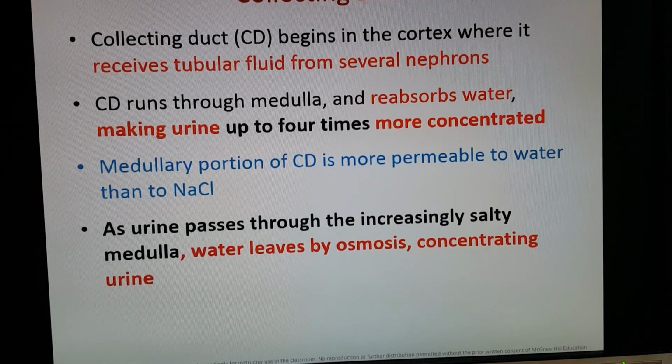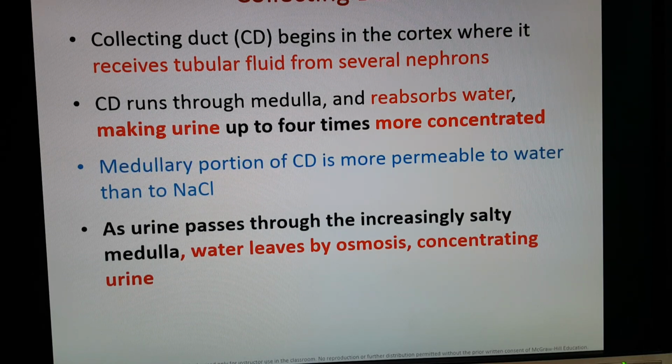The collecting duct runs through the medulla, the more internal portion of your kidneys, to help reabsorb water and make urine more concentrated. The medullary portion of the collecting duct is more permeable to water than sodium chloride, allowing water to exit from the collecting duct and back into the tissues.